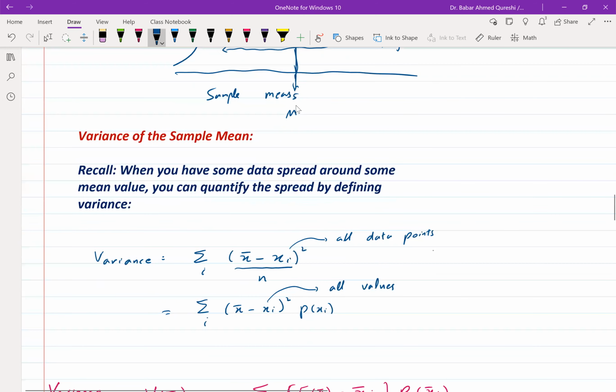You can recall that whenever you have some data spread around some mean value, you can quantify the spread by defining the variance. So what is the variance? You have some data points, and suppose let me draw a scatter plot. You have some index, which means you are counting all the data points, and these are the values: 1, 2, 3, 4, 5, 6.